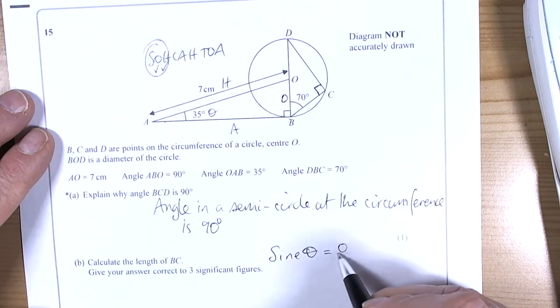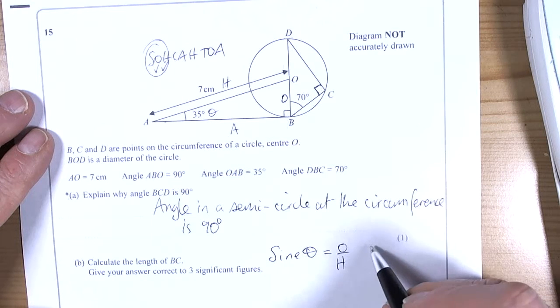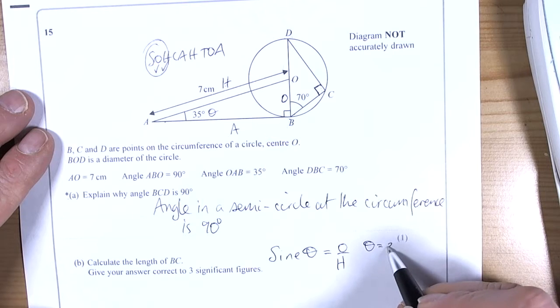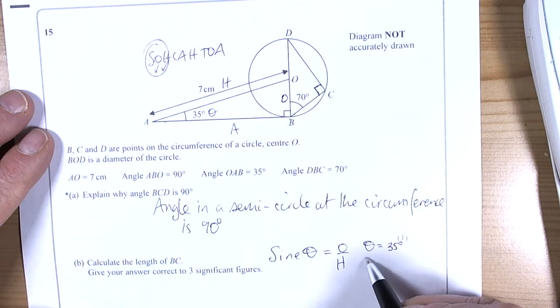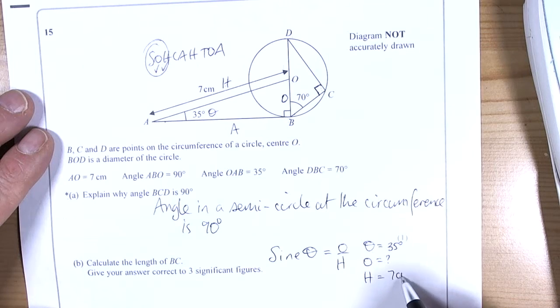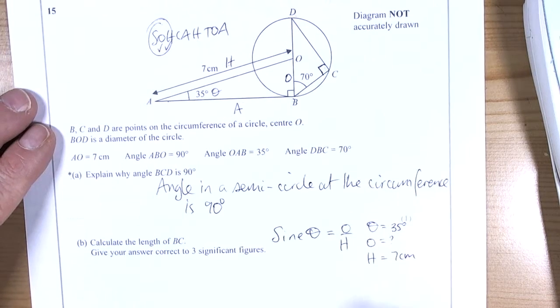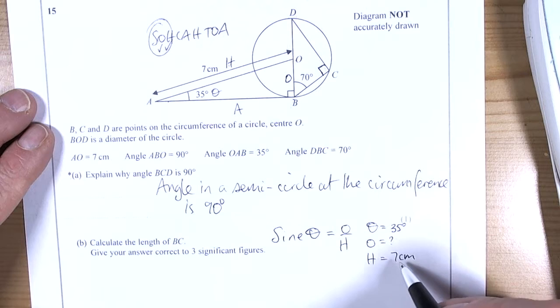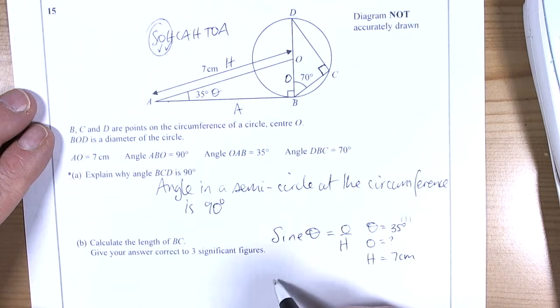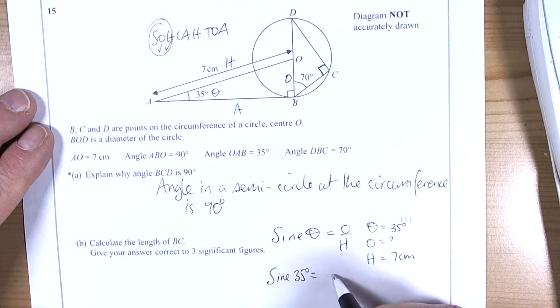So we should write out the full function. The sine of theta is equal to the ratio of the two lengths, the opposite length divided by the hypotenuse length. If we go through identifying the information we know, theta is 35 degrees, O is what we're trying to find, and H has been given to us as 7 centimetres. So we place everything in here, and we have the sine of 35 degrees equal to O over 7.